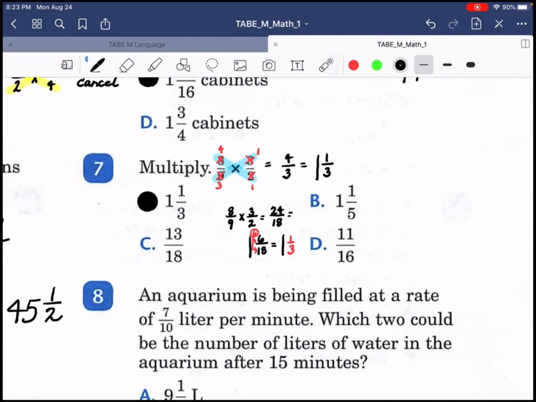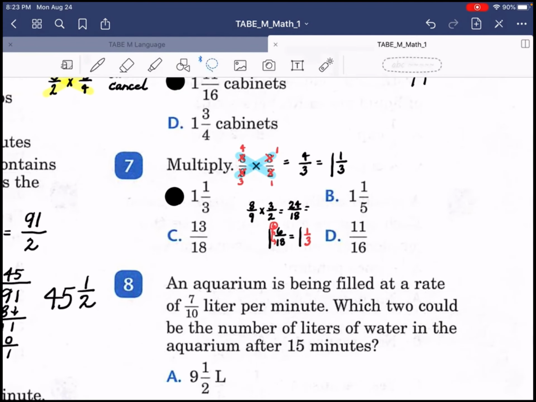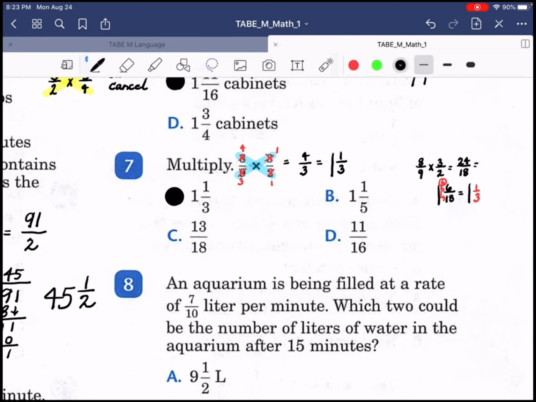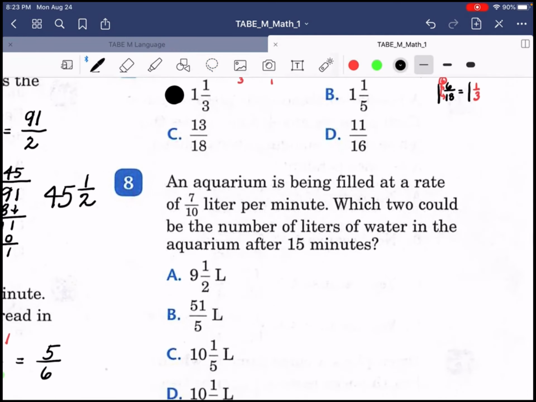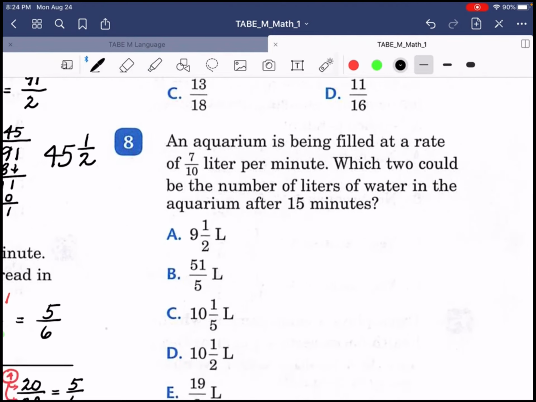Number 8. An aquarium is being filled at a rate of 7/10 liter per minute. Which two could be the number of liters of water in the aquarium after 15 minutes?